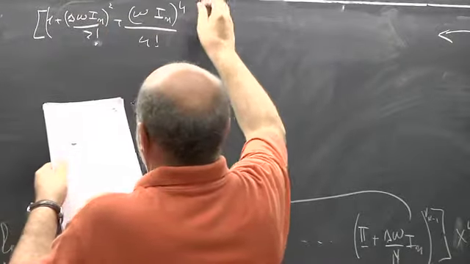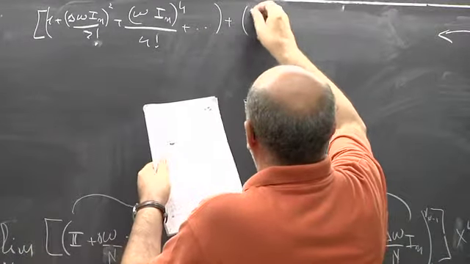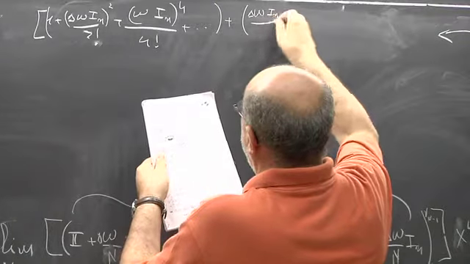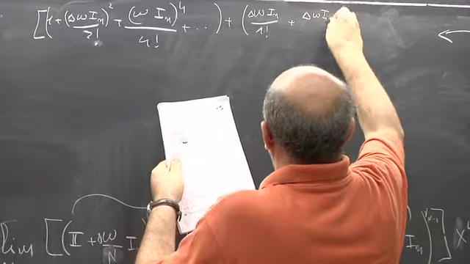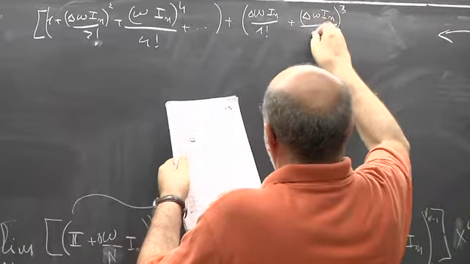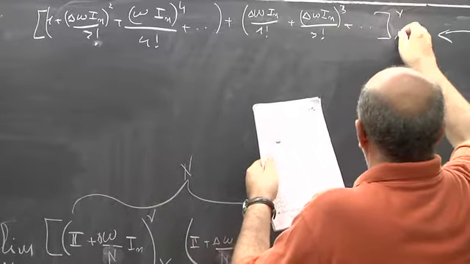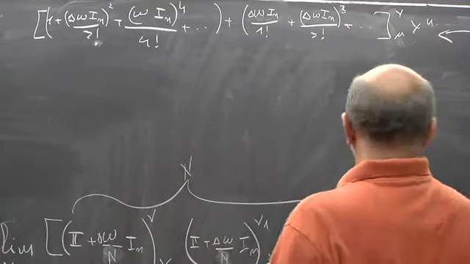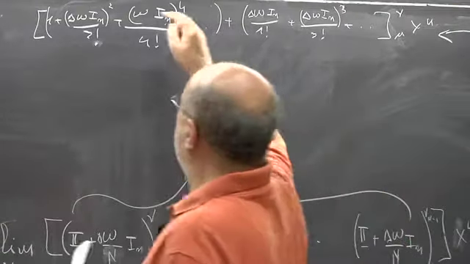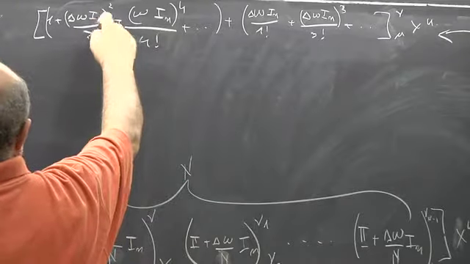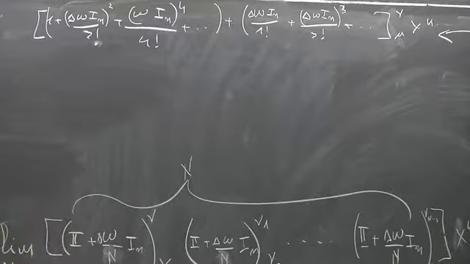And so on, plus, and then you have the sine hyperbolic, delta omega I n, 1 plus delta omega I n cubed, over 3 factorial plus, and so on, n i mu x mu. Okay, so I am just expanding this, but remember, this one is something that is different from 0, and is a different matrix that is written here.